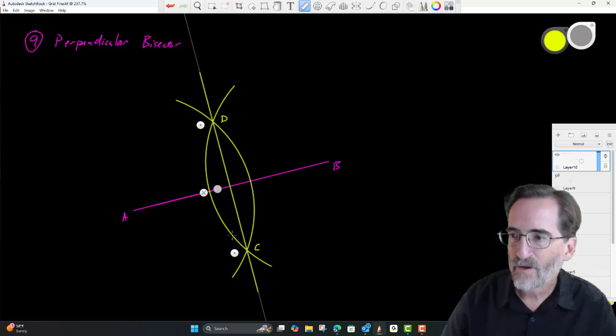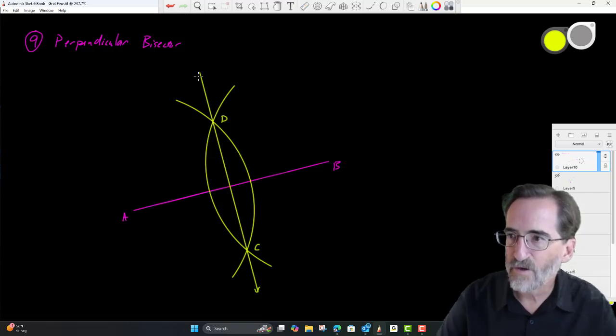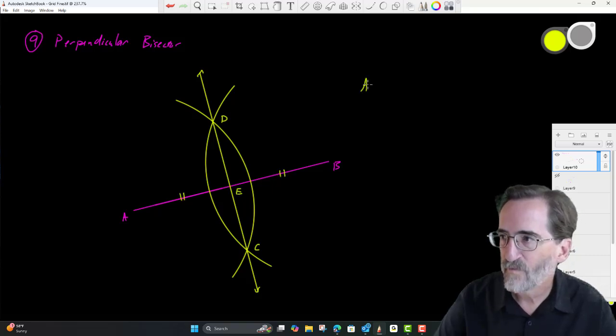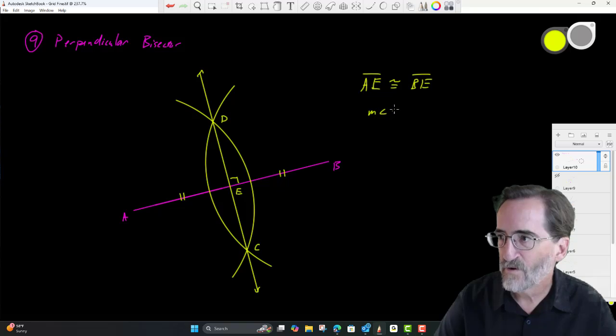Okay. And this is the perpendicular bisector. That is, AE is congruent to BE. Segment AE is congruent to segment BE. And the measure of angle BED is 90 degrees.